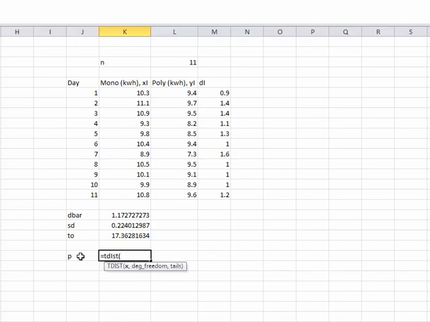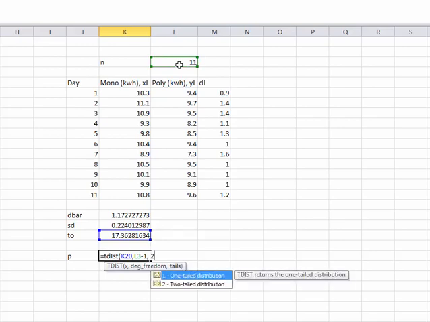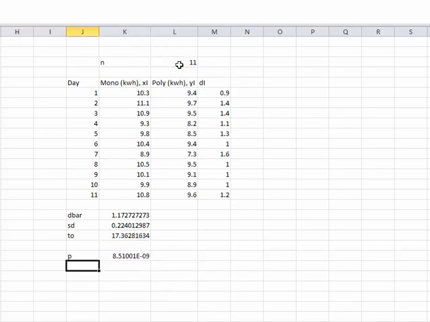In this case it isn't, so we're just going to type that in, and our degrees of freedom are n minus 1, so in this case L3 minus 1, and then our tails, in this case it's 2 tails. We hit enter, and we get a really, really low probability.